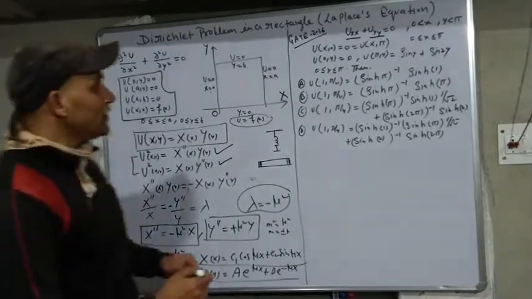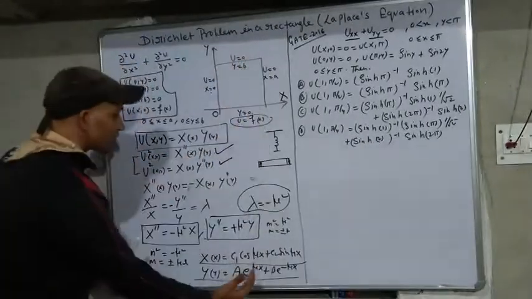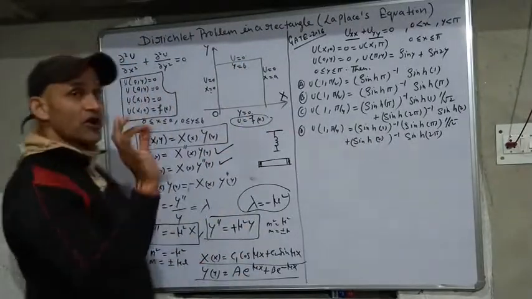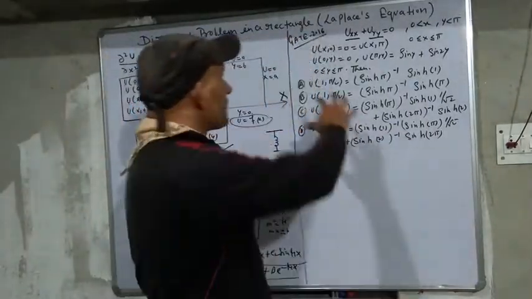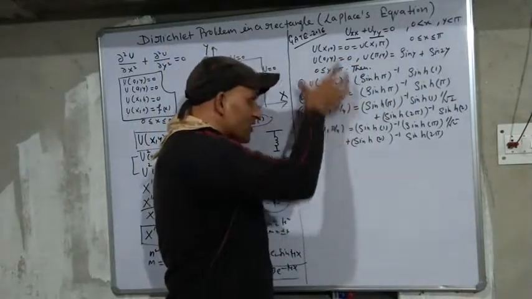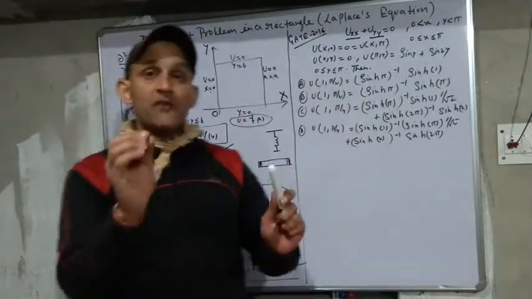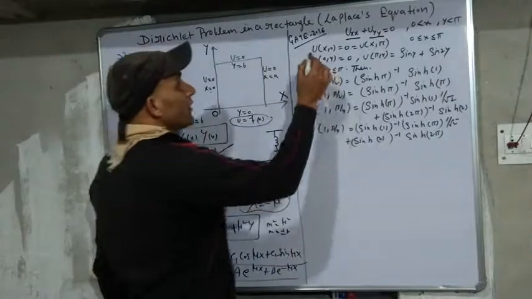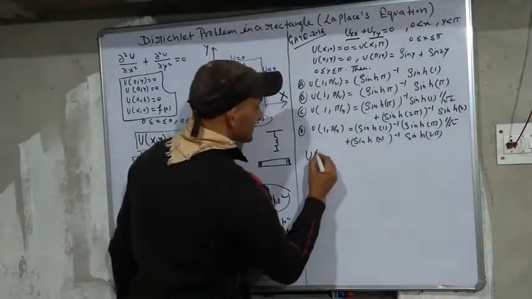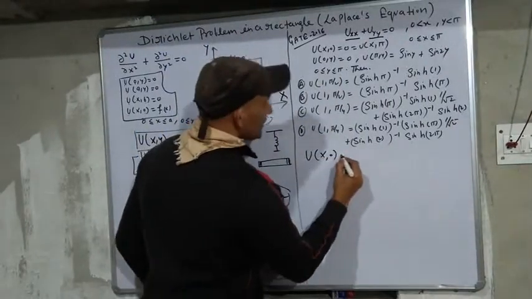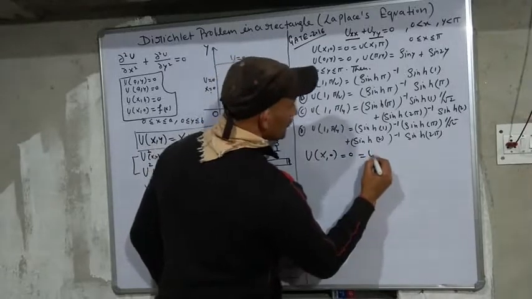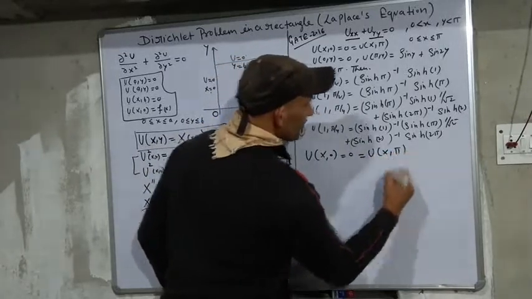Now we will use the boundary conditions. Here in this question we have not taken the boundary value problem, now we are solving, we will find the solution. So we will use the boundary value problem. The first boundary condition they have given us is u(x,0) is equal to 0 is equal to u(x,pi). What is the meaning of this?